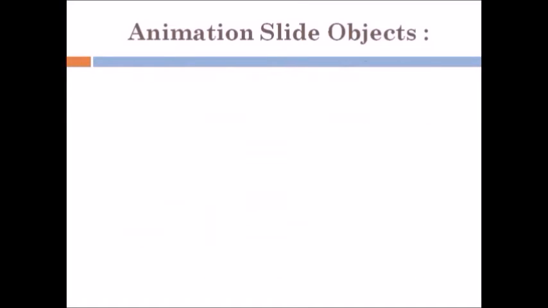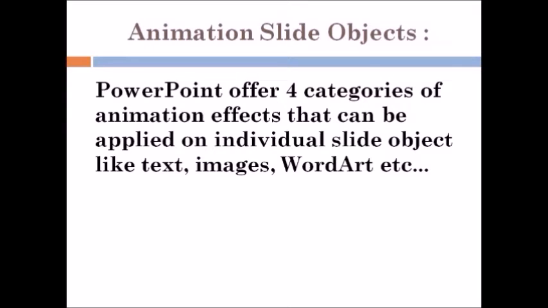First is animating slide objects. PowerPoint offers four categories of animation effects that can be applied on individual slide objects like text, images and word art, etc. So let's see the four categories used for animation effects in PowerPoint.